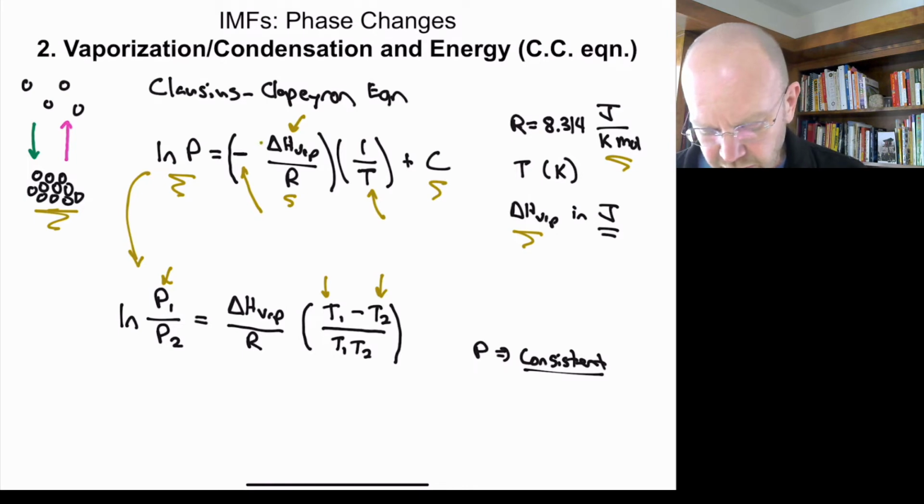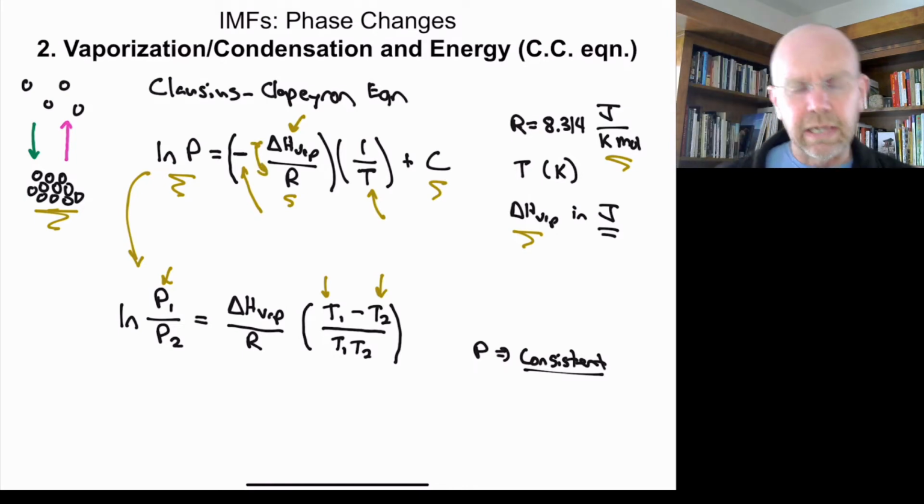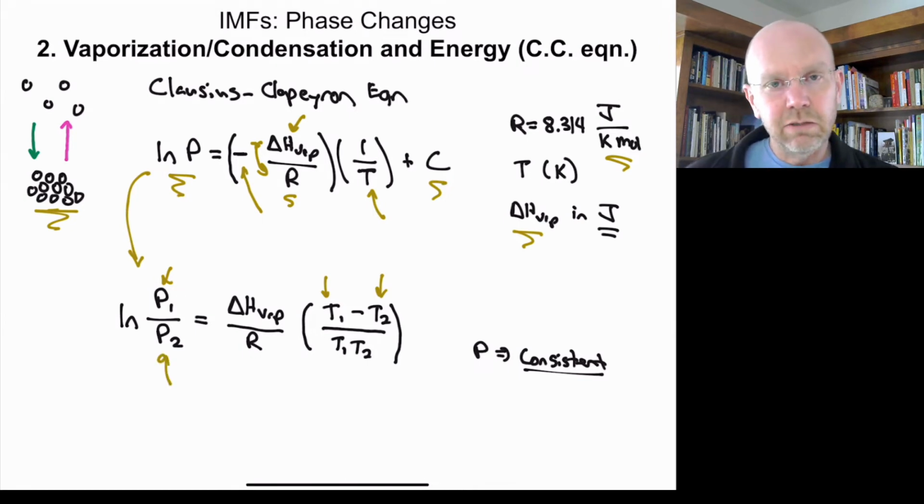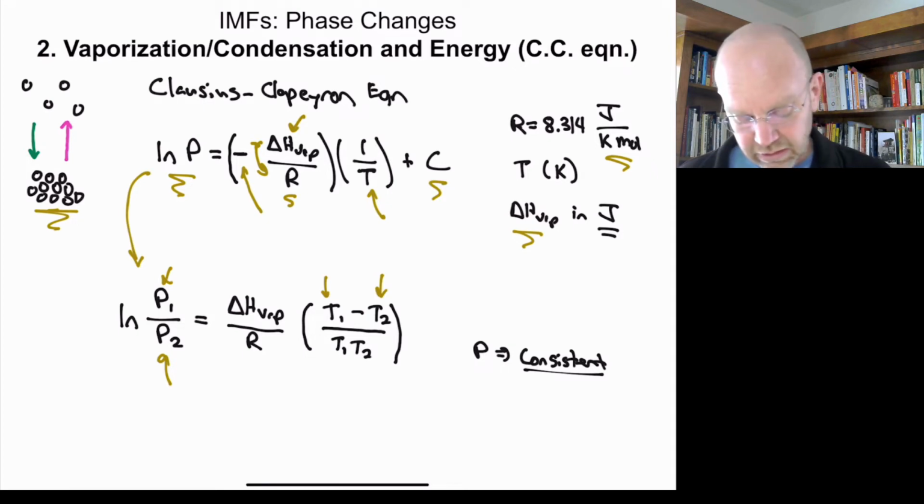So when we do this division, we haven't introduced any extra powers of 10 on the top or the bottom. And these pressures here, they can be in any unit you want as long as the unit on the top, P1, is the same as the unit on the bottom, either millimeters of mercury or atmospheres or whatever. As long as it's the same, it's okay because we're dividing them and the units have got to cancel.